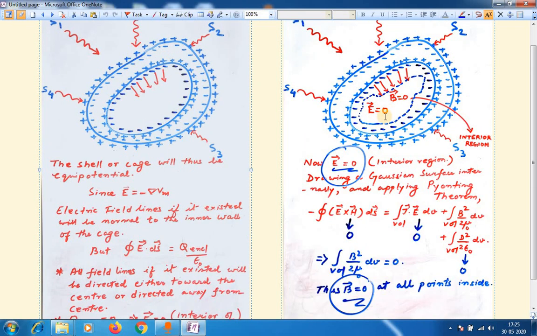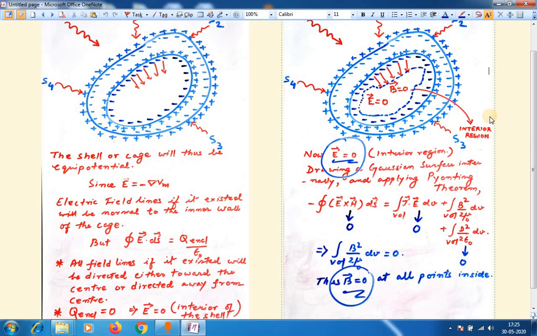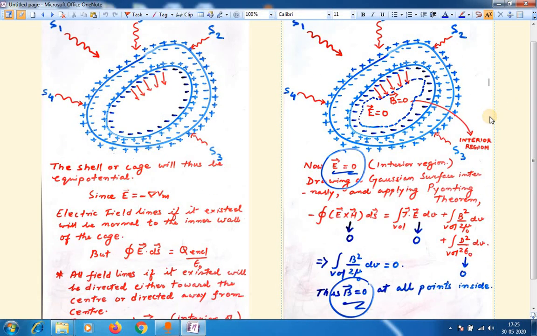So once the electric field is zero, we are in a position to prove that the magnetic field is also zero. But how? To prove this, we shall introduce the Poynting theorem. Now the Poynting theorem says that the energy transfer through a Gaussian surface is equal to the sum of the ohmic power, I should say the power balance, the ohmic power, the magnetic energy stored, and the electric field energy stored.